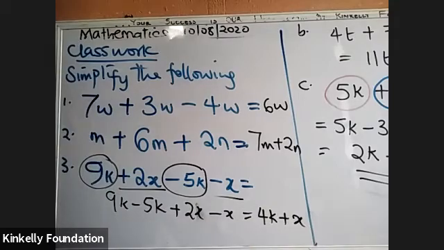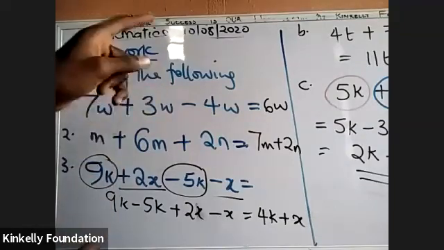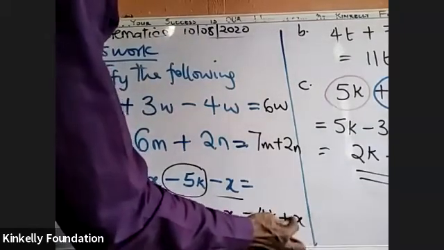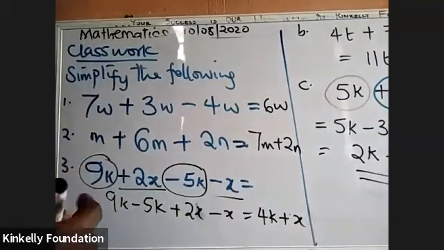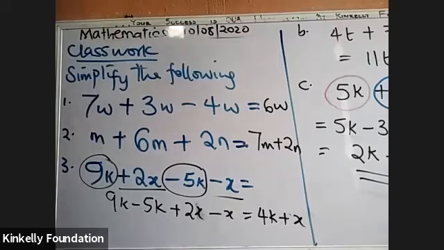We don't put 1x. It is true that it's only remaining 1x, but we don't put what? That 1. We don't put 1 here because any number you multiply by 1 is that same number.